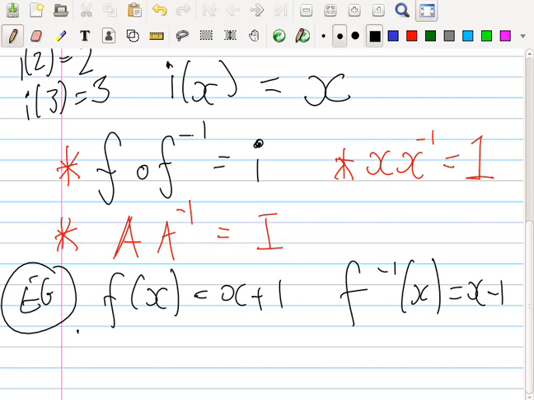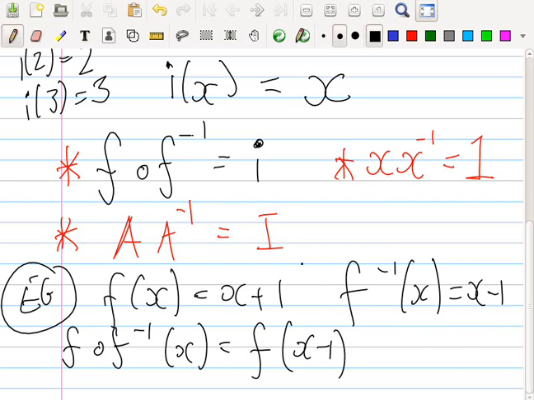Let's compose them together. f of f inverse of x. What's f inverse here? x minus 1. If I put this inside the f function, what do I get? x minus 1 plus 1, which equals x.